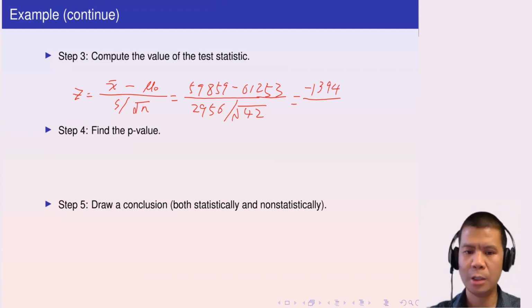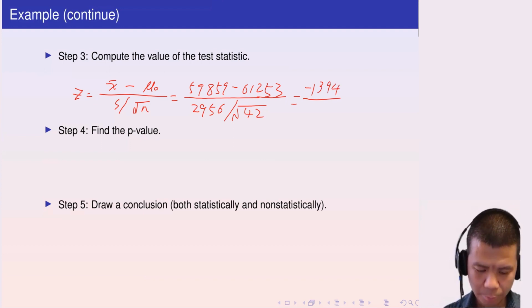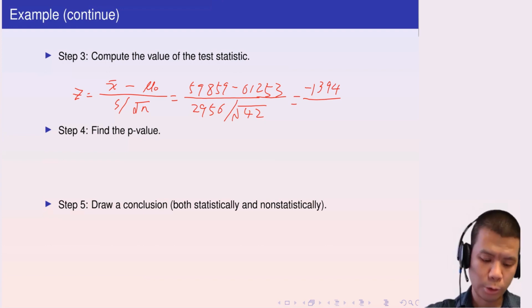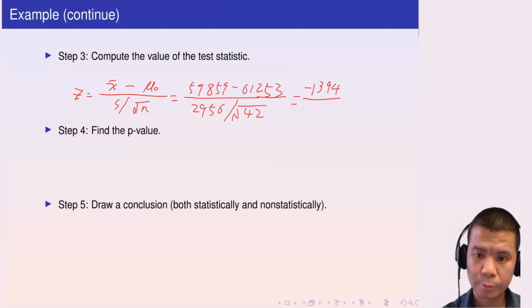On the bottom is 2956 over square root of 42, which is 456.121.